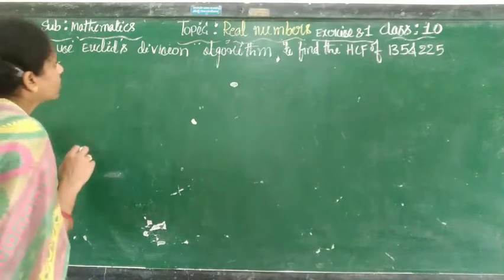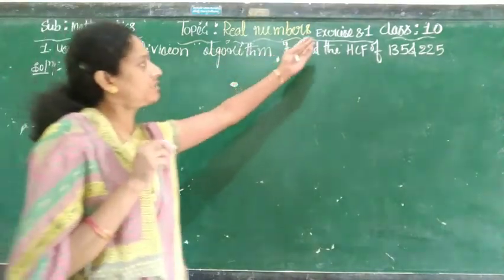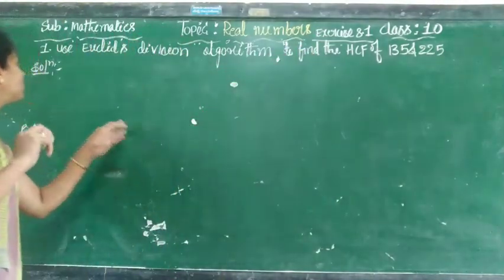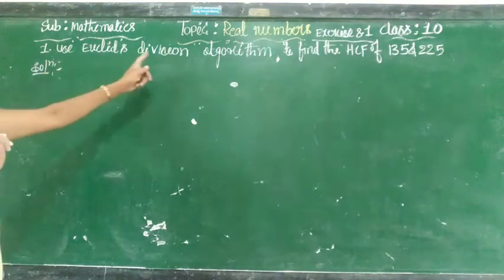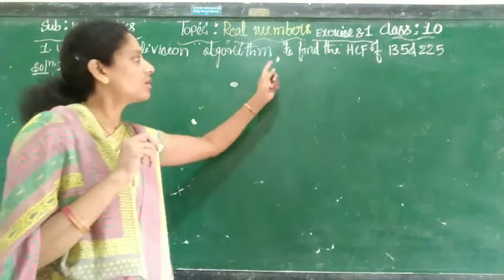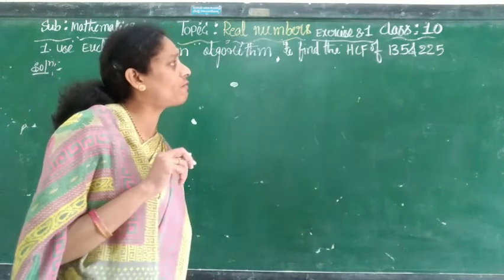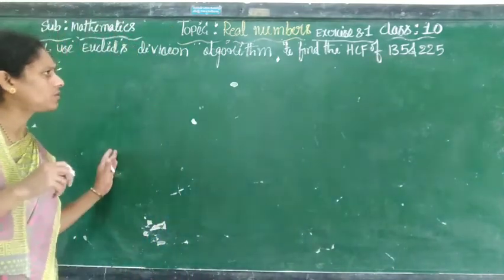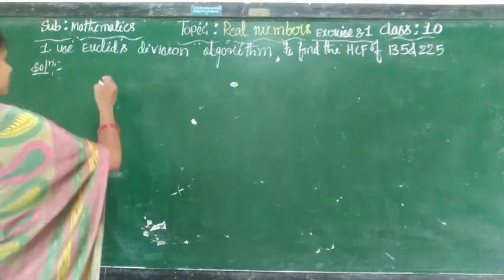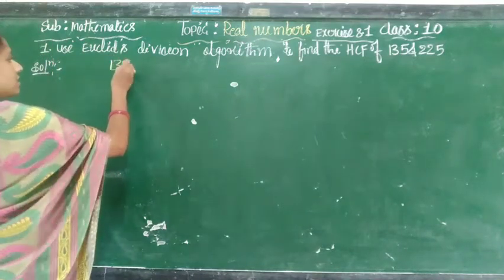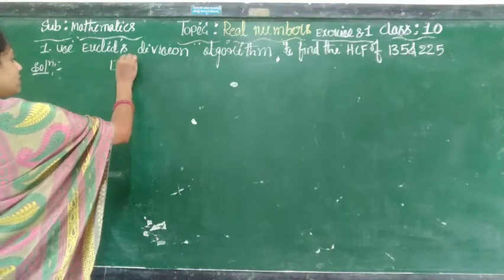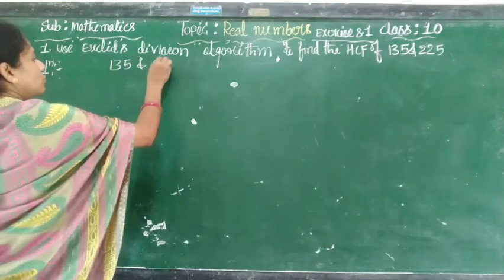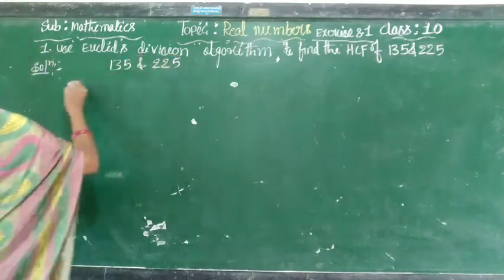Exercise 8.1. Use Euclid's division algorithm to find the HCF of 135 and 225. So first write 135 and 225. Step 1.